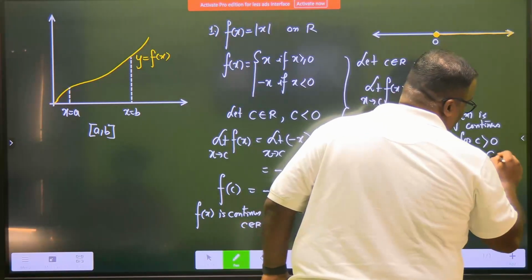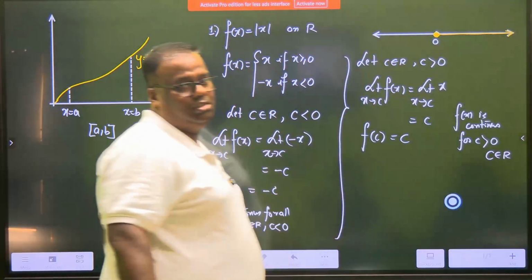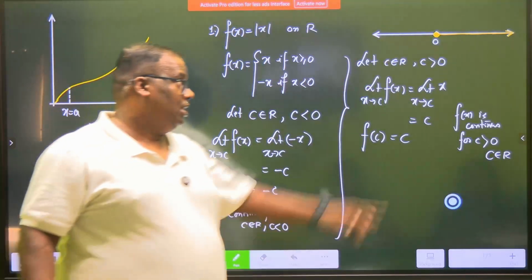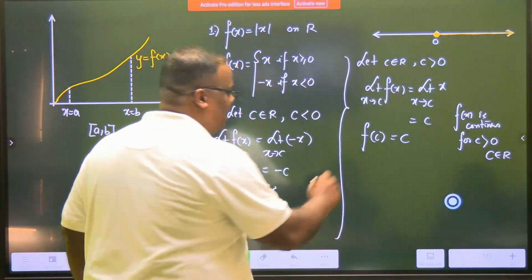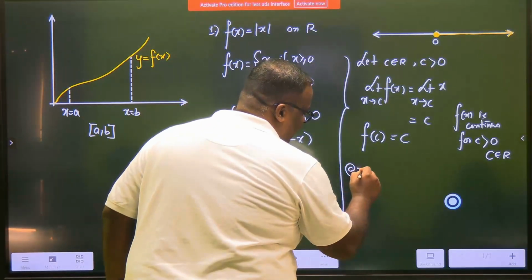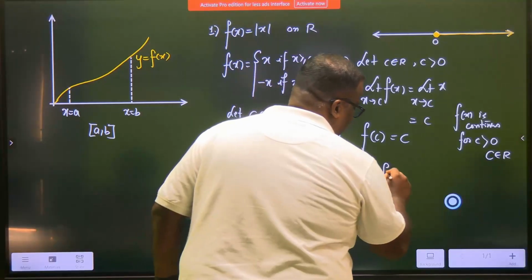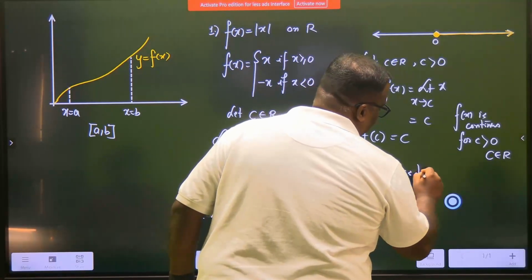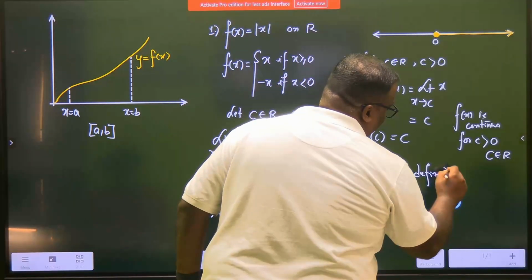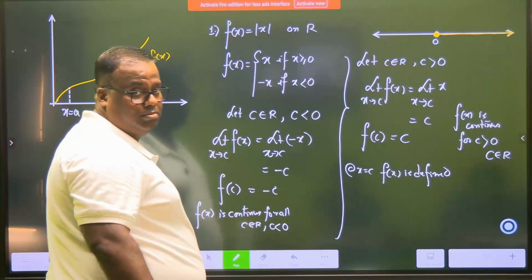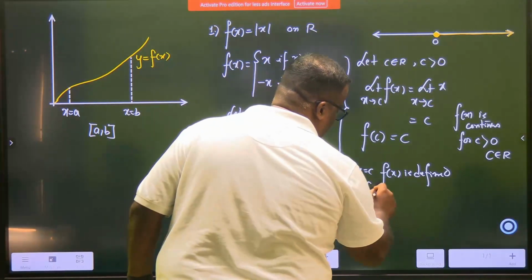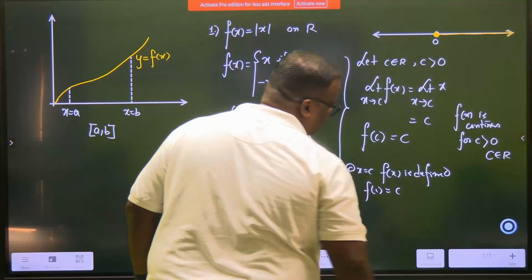C greater than 0, c belonging to R, right? Now check at c. At c, x equal to c, f(x) is defined. There is no question about it. The function is defined. And what is the value of f of c? It's c.